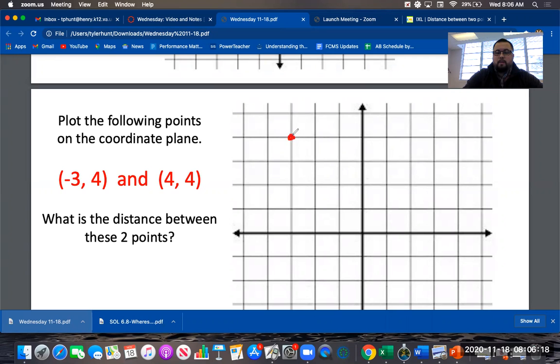And then that would be my point for -3, 4. Remember, this is your X. Okay, and then up here is your Y. The next one is 4, 4. So I'd go 1, 2, 3, 4 on my X, and then up 1, 2, 3, 4 on my Y. So that's what we're trying to figure out, the distance between these 2 points here.